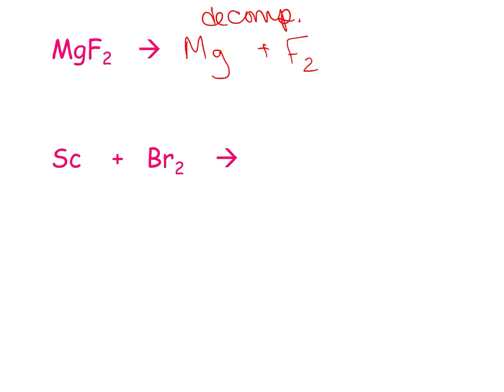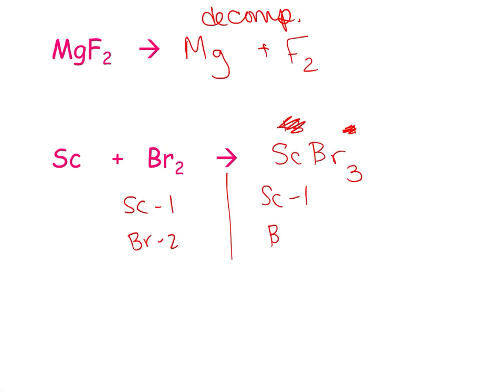These are 2 small, pretty simple things coming together. So I have S, C, and Br. Now wait, don't bring that 2 over just yet. I got to open up my periodic table. Scandium is a +3, bromine is a -1, so when I crisscross, I get that. Get rid of that. All right, now I do my scorecard, which again, if you don't need your scorecard at this point, great.